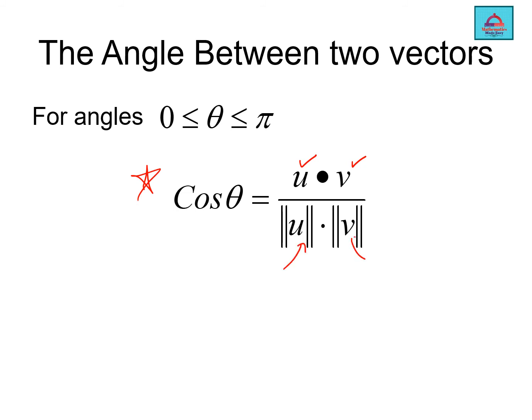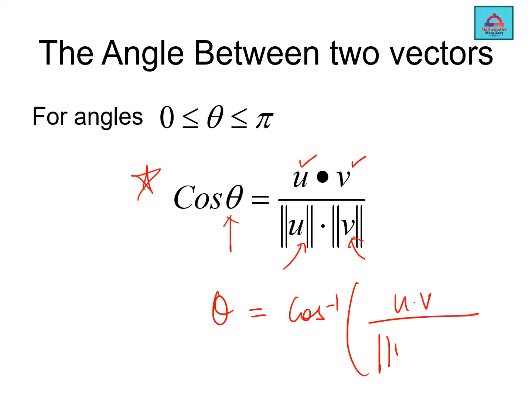Use the magnitude formula to calculate both of them. Once you get a number here, the next step to get the angle theta between the two vectors is to take its inverse. So theta is cos inverse of u dot v over the magnitude of u multiplied by the magnitude of v. This is the final formula.